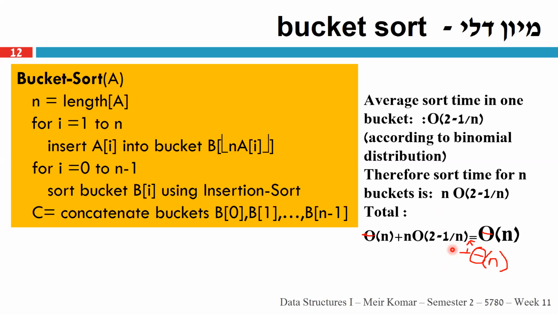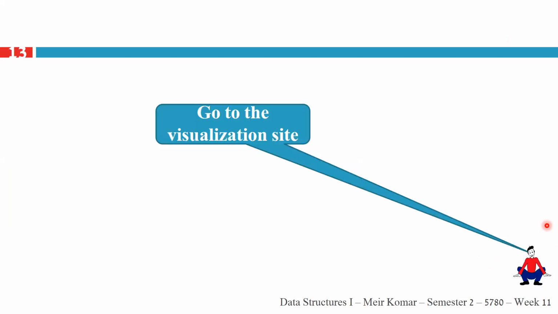Okay, so that's a better way of saying it. You're right, sorry. So this is a constant, obviously. So you're saying theta of n plus theta of n is theta of n. Right? I will update slide 12. Okay. So let's take a look. That is to remind me to go to the site that I already got ready for us.